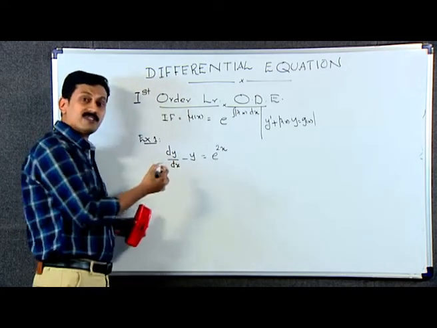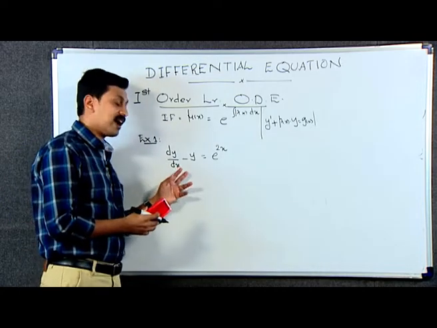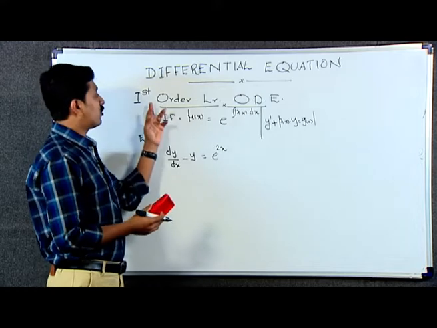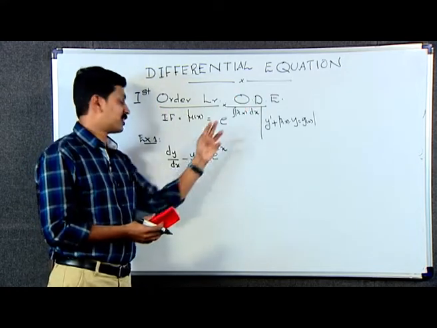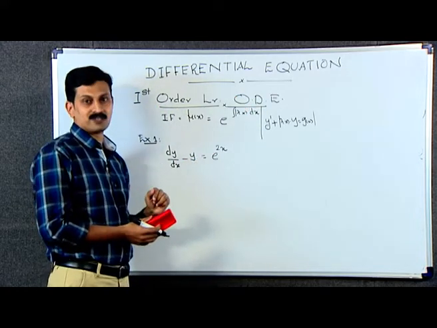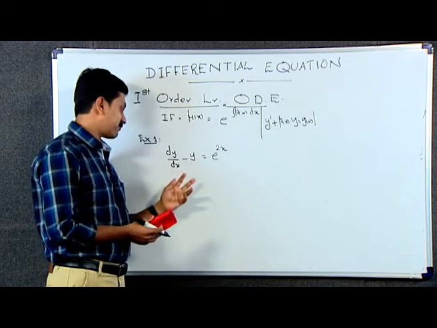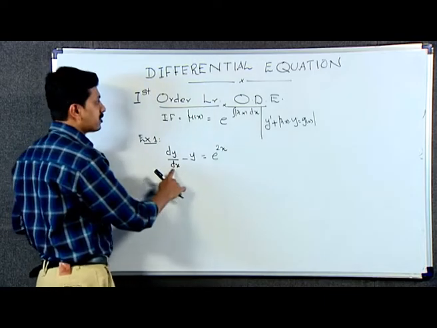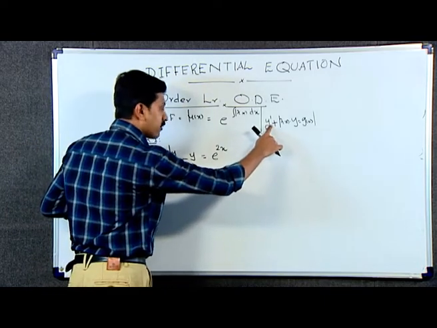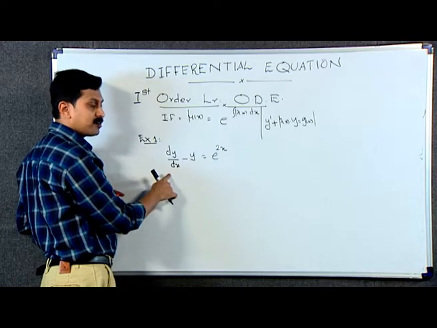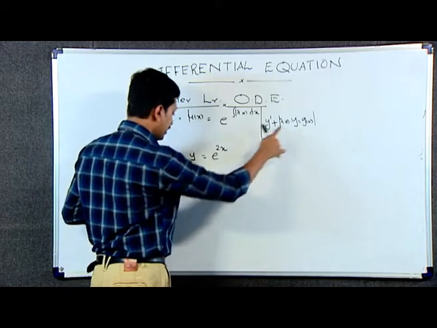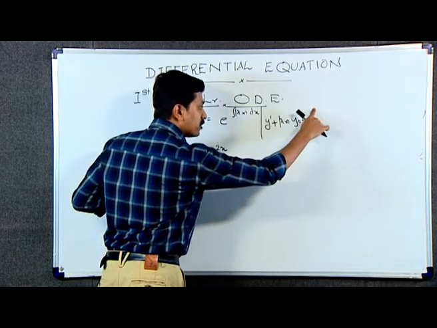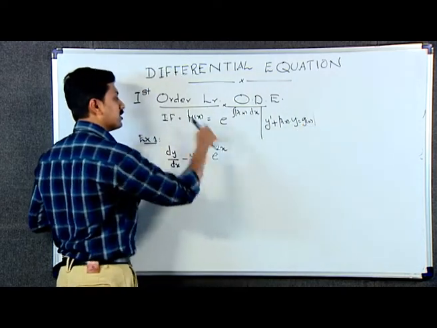Before solving this differential equation, firstly we have to check whether it is the method of variable separable, or a first order linear differential equation, or some other form. First of all, we have to identify the form of the differential equation. Here we can simply compare with the general form. This is y dash, dy by dx, and some p of x into y, that is minus y, and after the equal to sign there is a function, e raised to 2x.